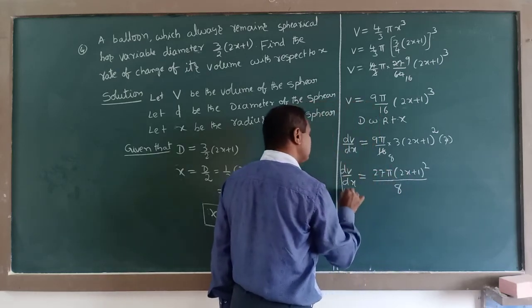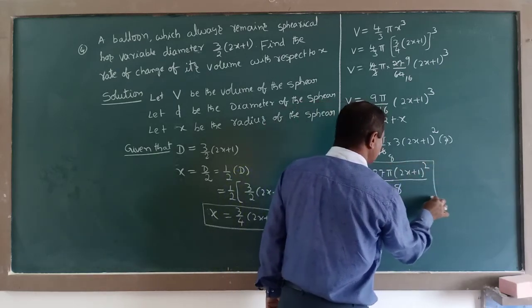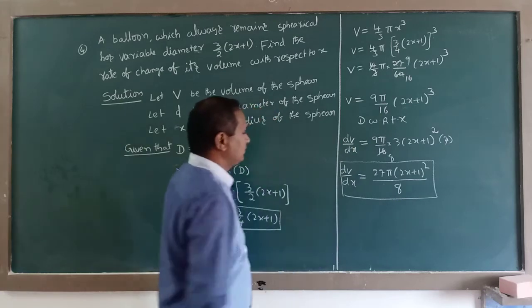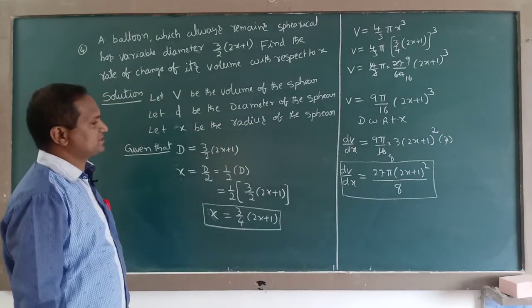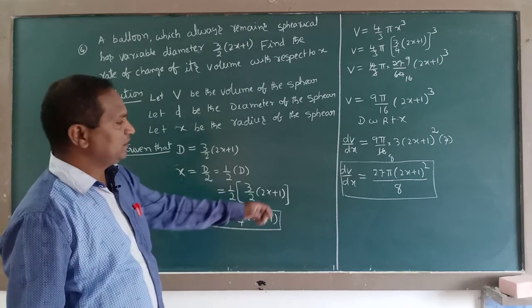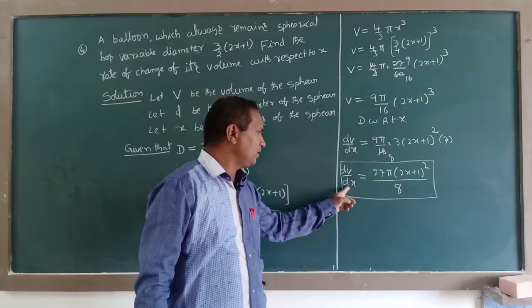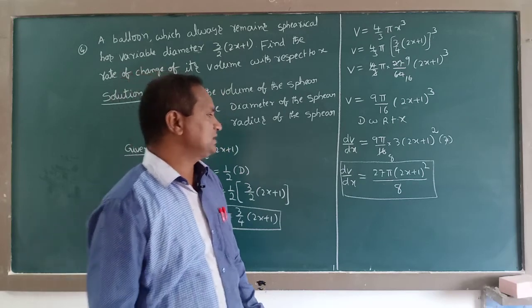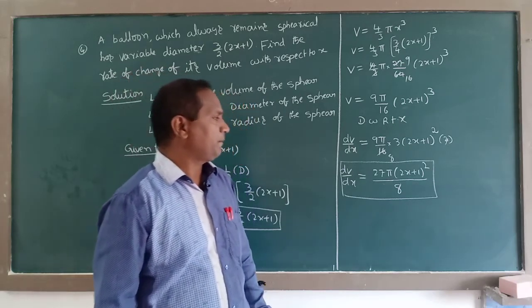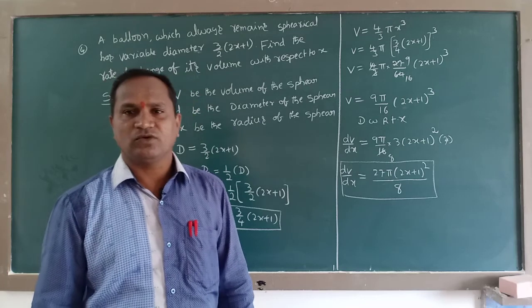It is the answer for the rate of change of volume with respect to x. That's why we are getting variable volume. dV by dx is equal to 27 by 8 into pi (2x plus 1) whole square.